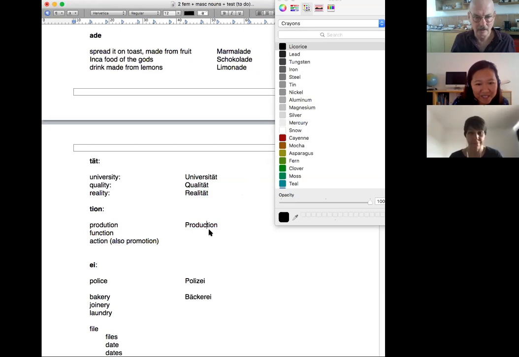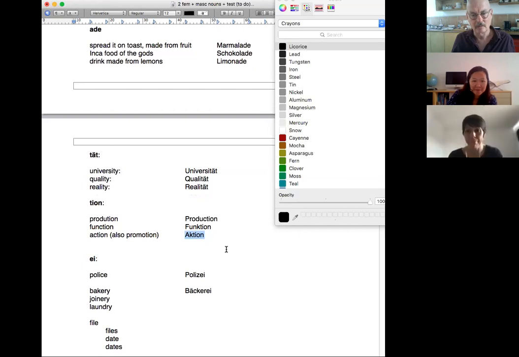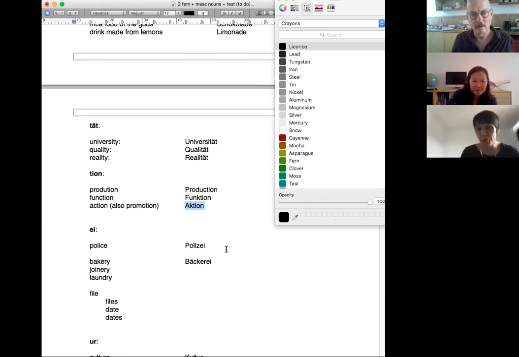I don't think it is, actually. Well, Funktion, yes. Function is. Production, I don't think it is. Action, also promotion. Aktion. That would look odd with a K, would it not? Probably because it comes from French. They all look odd with Ks.